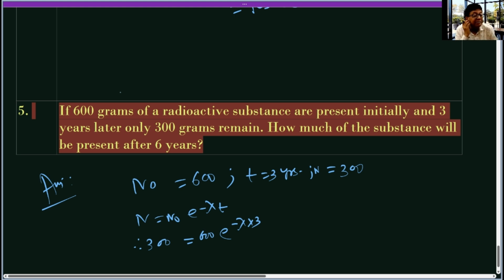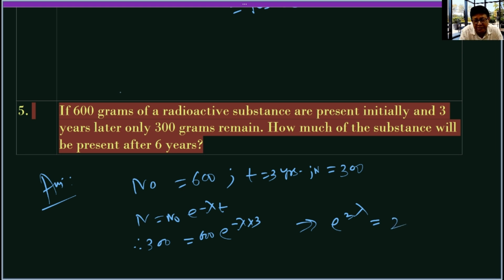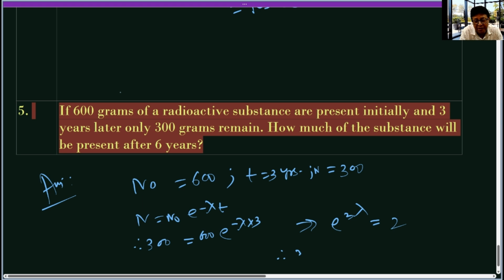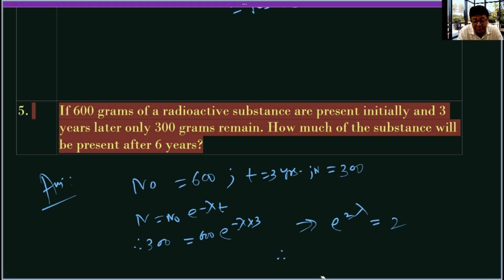See the problem here? Check. So e to the power 3 lambda is equal to 2. Just change the side. Take it on the left side, 300 on the right side. Therefore, take log of both sides. Log 2 we have just found; I hope all of you remember.